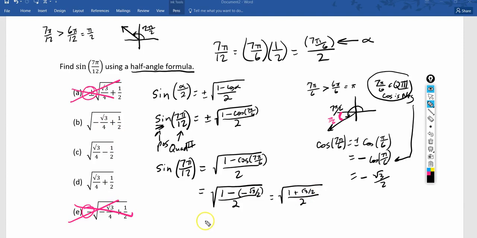So I'm going to separate the inside. So this is the same as the fraction 1/2 plus the fraction root 3 over 2, all over 2. Now, don't ruin it and say the 2's cancel here. They do not. Okay. Now, I'm going to rationalize it because I'm looking at my possibilities here. And so I'm going to multiply the top and the bottom by 2.